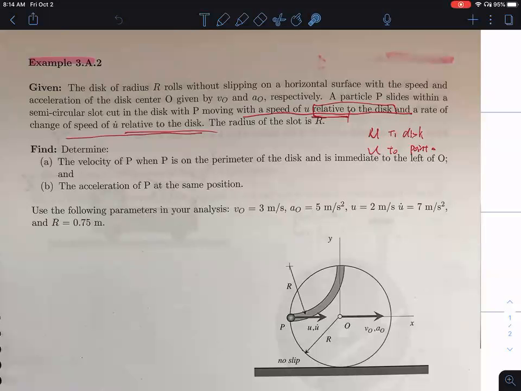At that particular moment, particle P is moving with speed u relative to the disk. What does that mean? It says relative. Where did we learn relative? In our equations, do we have a term that's relative? And we also know the rate of change of speed.